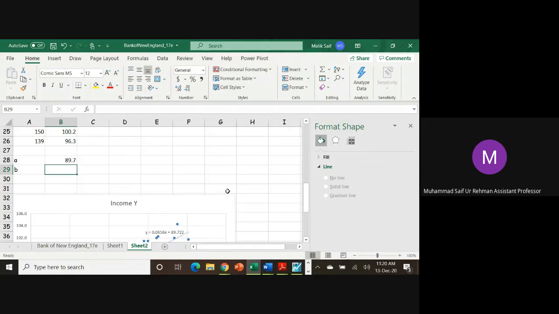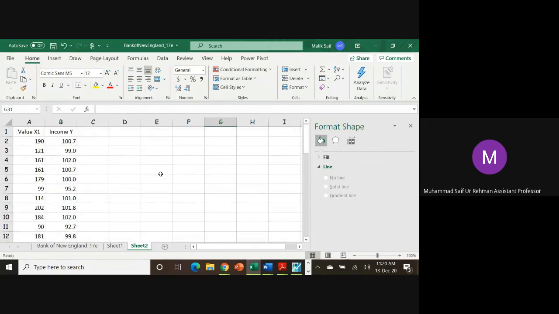So only one explanatory variable is there, and the slope coefficient is 0.0656. Now using these two, you are able to find out the predicted value or the estimated value.